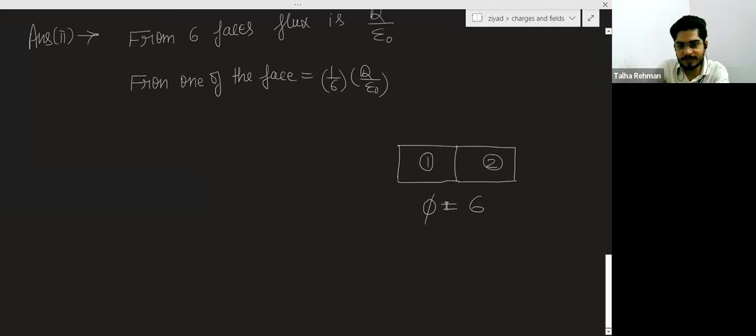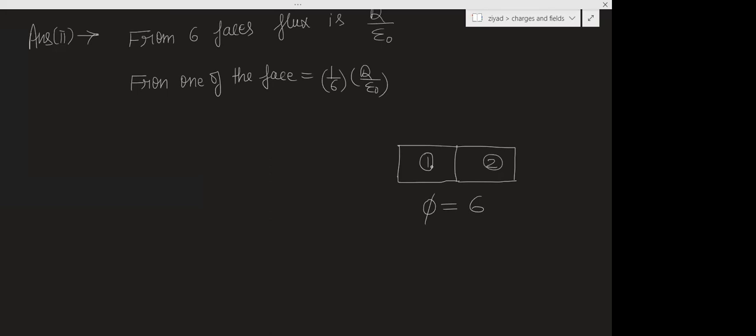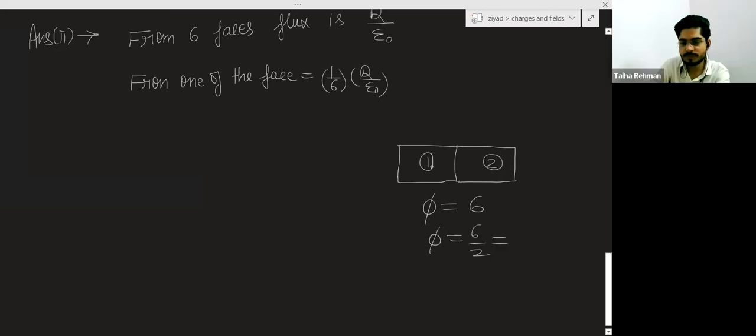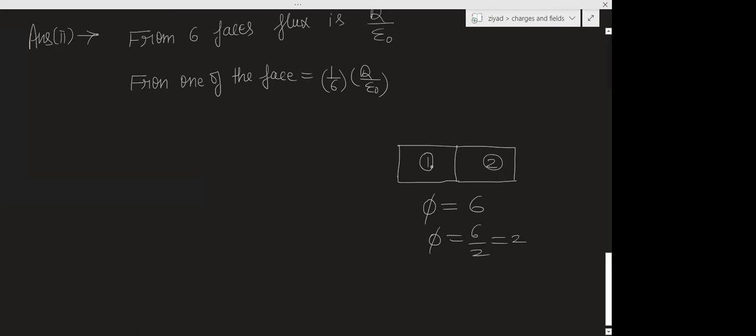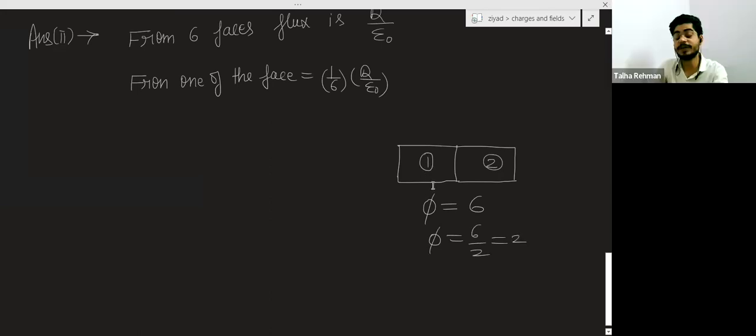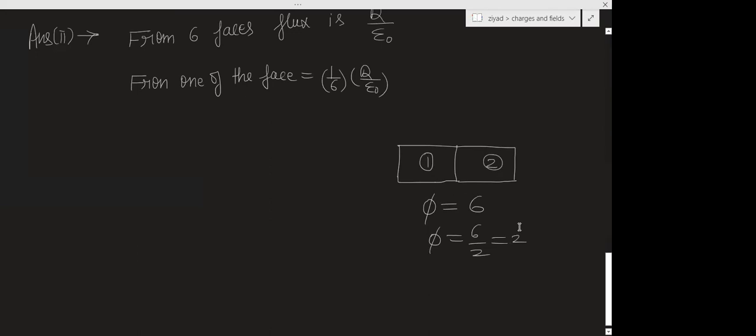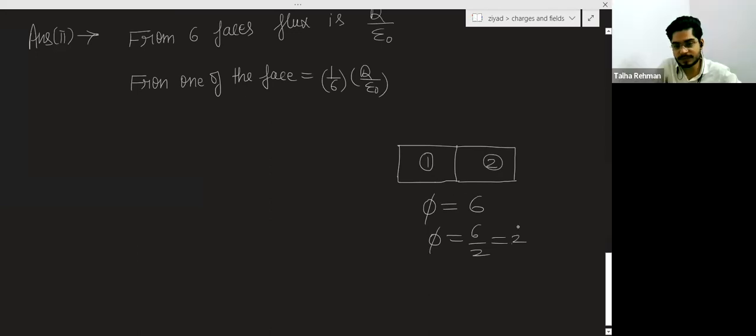So what is the flux through this one surface? You will just divide this 6 by 2. Then you will get your answer as 3.